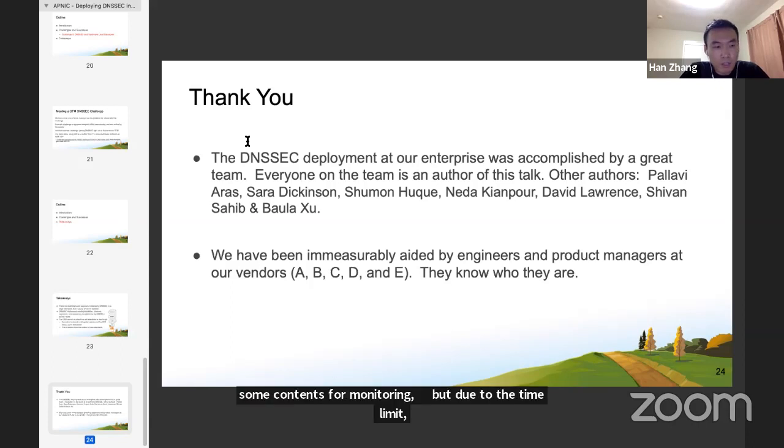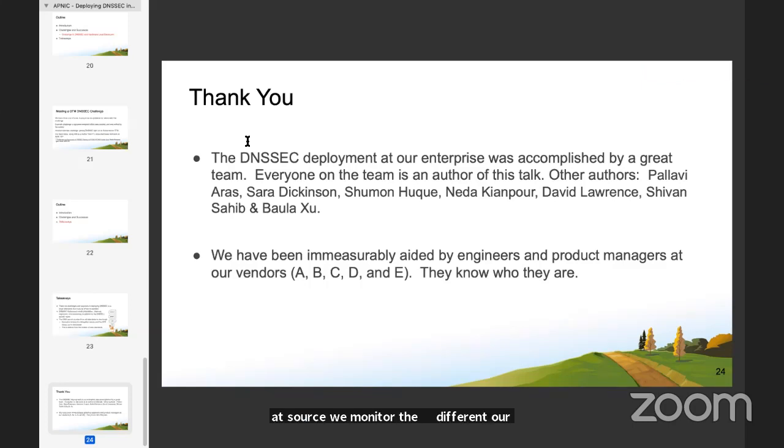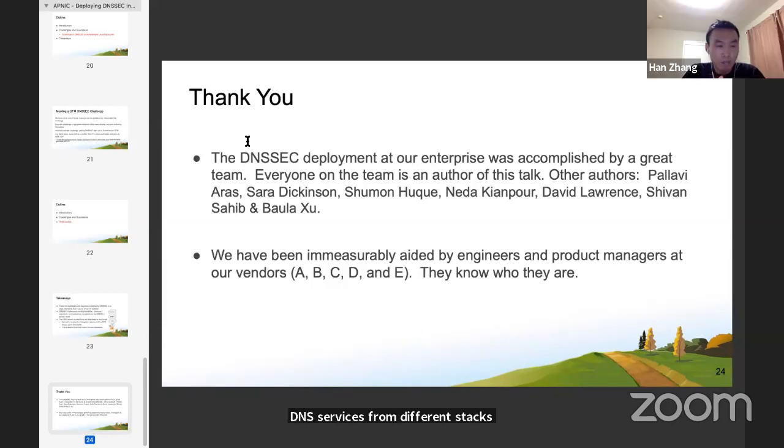For monitoring, at Salesforce, we monitor our DNS services from different aspects, like the availability of the name servers and the performance, like RTT. But in this case, I think you're asking how we can monitor the DNSSEC status for our zones.